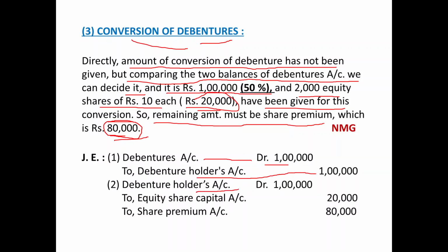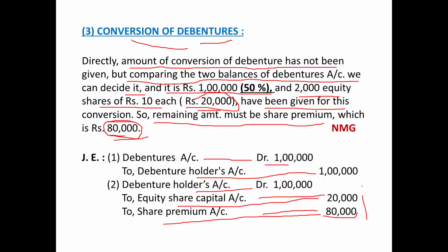Second, debenture holders account debited rupees 1 lakh to equity share capital account credited rupees 20,000, 2,000 into 10 face value, and share premium account credited rupees 80,000. तो 40 rupees पर शेयर लिया प्रीमियम के लिए and 10 rupees for the nominal value, for the face value. 2,000 into 10, 20,000. 2,000 into 40 for the share premium, 80,000, total 1 lakh. I hope this point would be very clear in your mind.